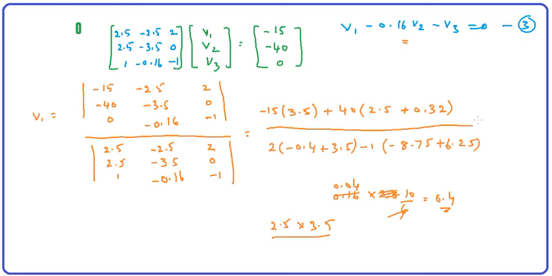That's all. So the numerator value is simply 15 into 3.5, which is 52.5. Let me write it, no problem.